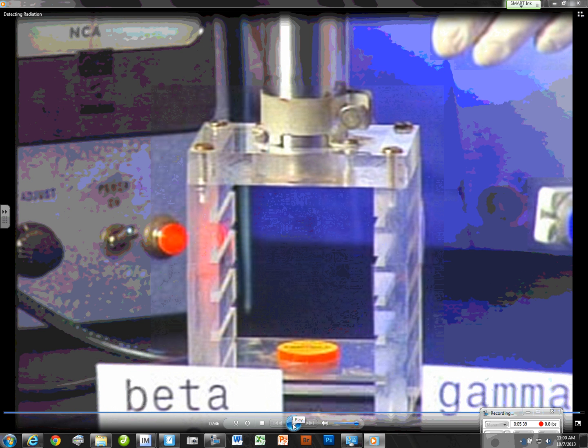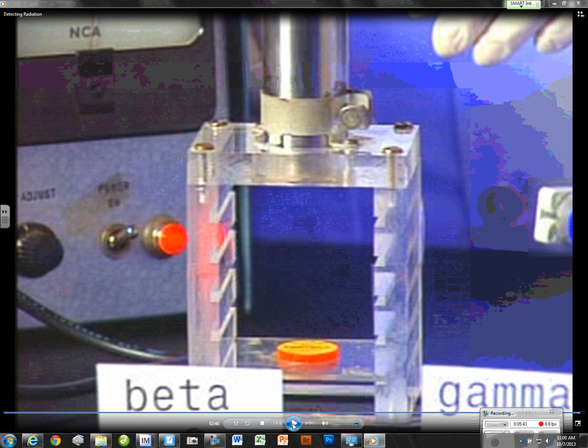That's why with CRTs, which are what we have in this television up here, this television has a cathode ray tube in it. We were advised very early in the production of televisions not to watch too closely to the tube. Why? Because there was radiation coming off of it from the electrons, which are beta particles, right?